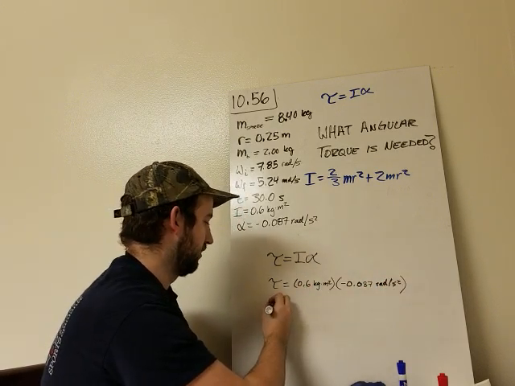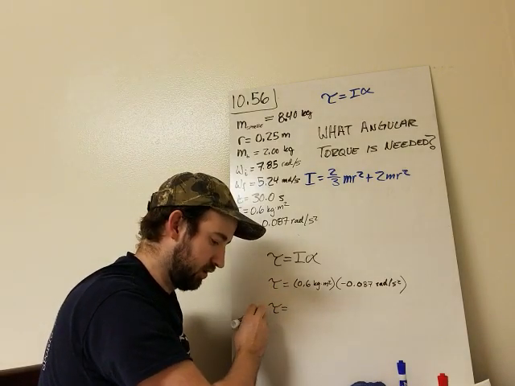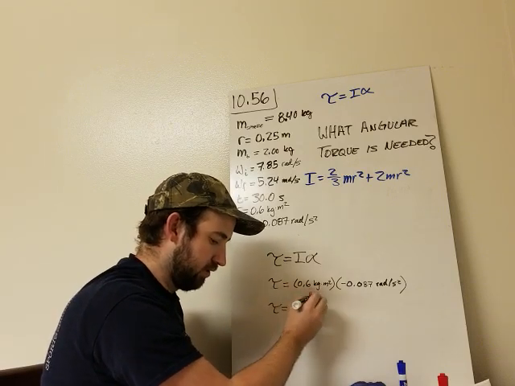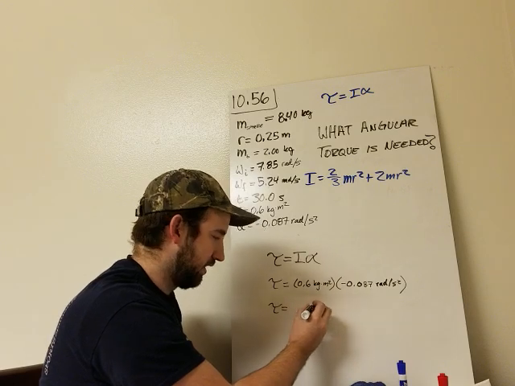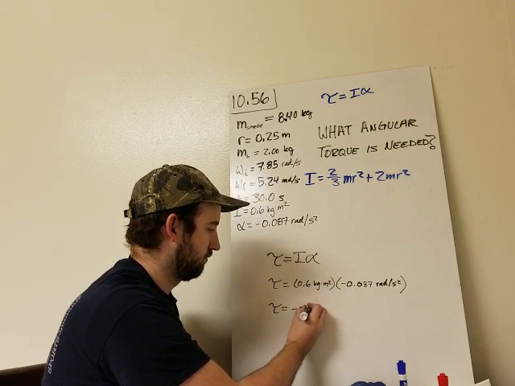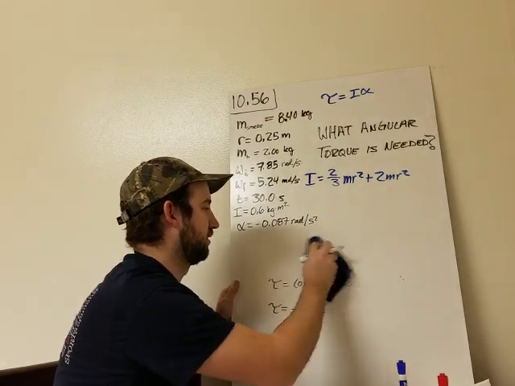Throw that in the calculator, and we end up getting that the torque must be equal to negative 0.052 Newton meters. I'll write that a little bigger up here.